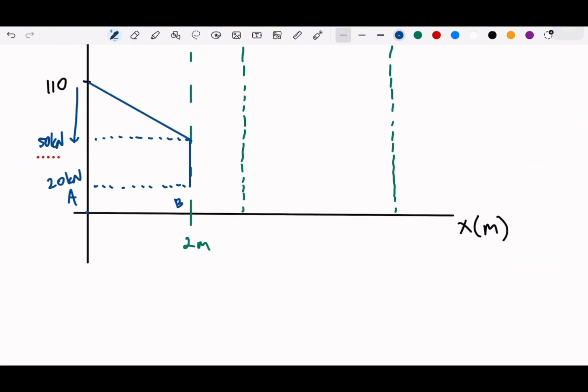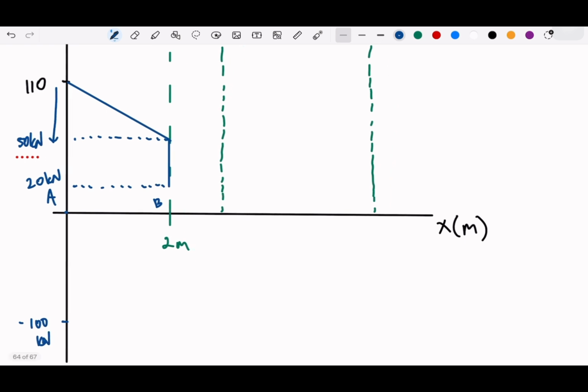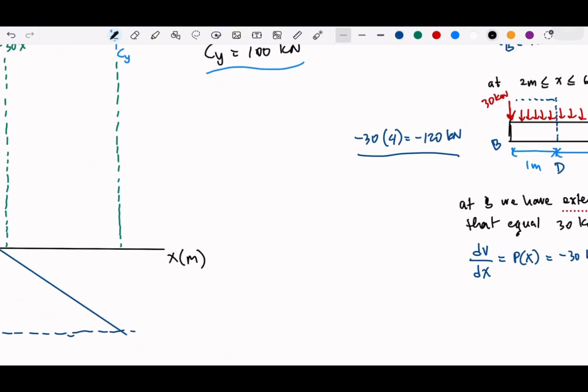So this is only the shear force. So this should have another layer here, which has negative 100, because we have 20 and then minus 120. So this goes down maybe up until that part. So our equation for that part is V(x) equals 20 minus 30x.